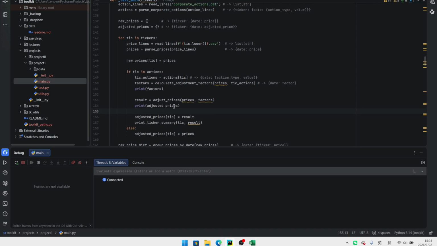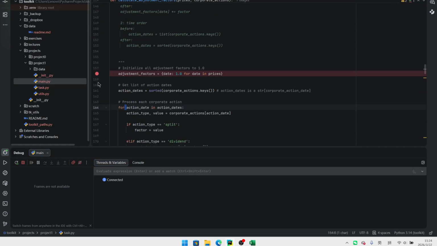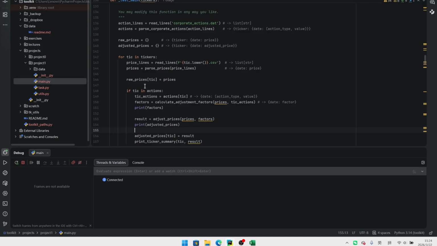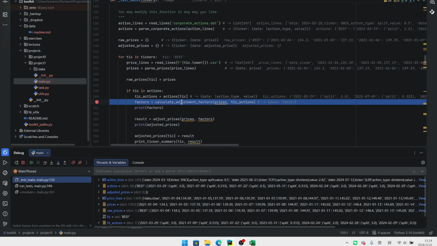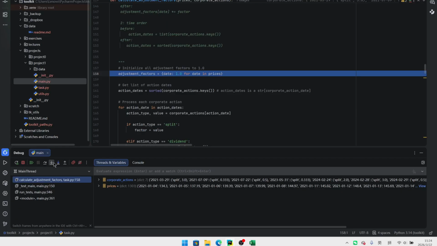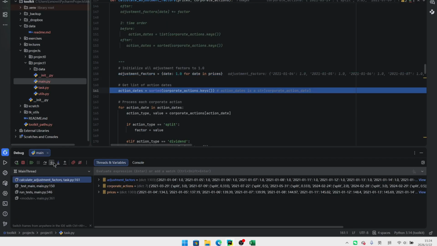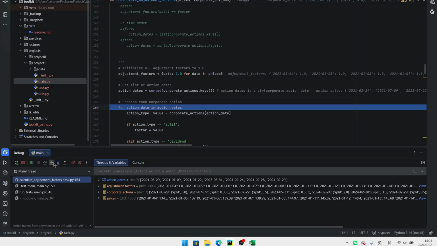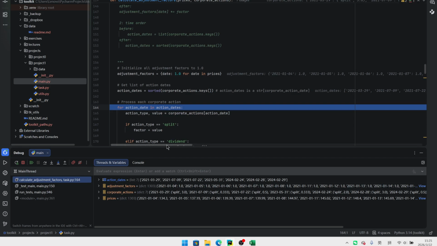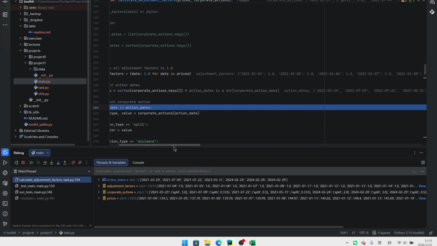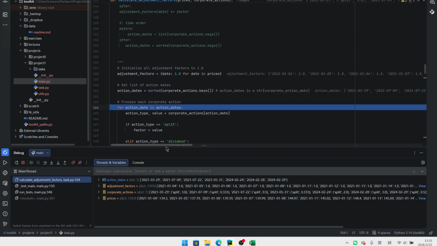Stop here. Adjustment factor data 1 for dating price. Sorted is a stream. So it begins with the 2003 March.